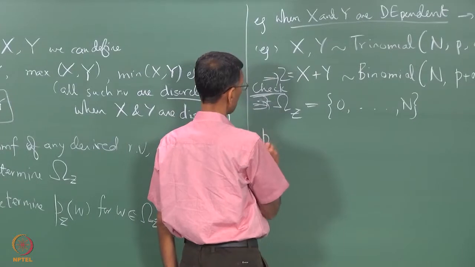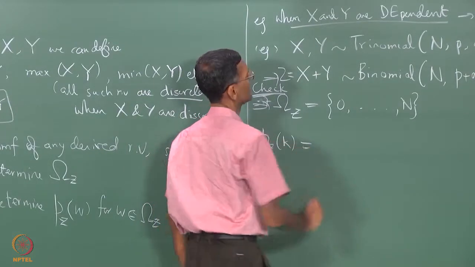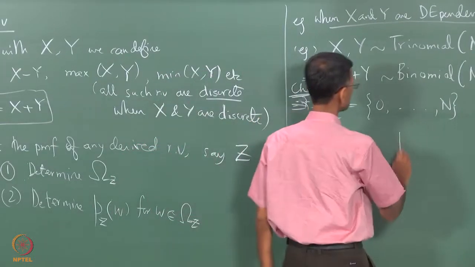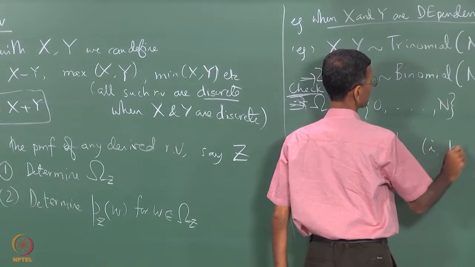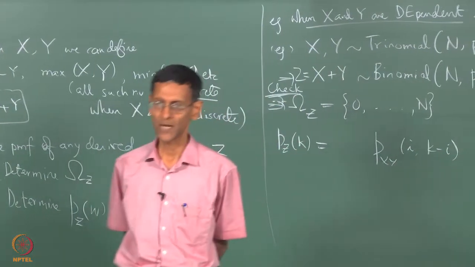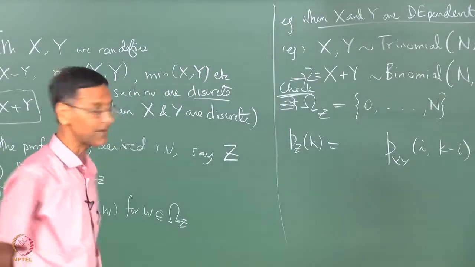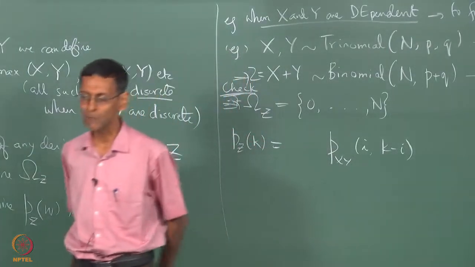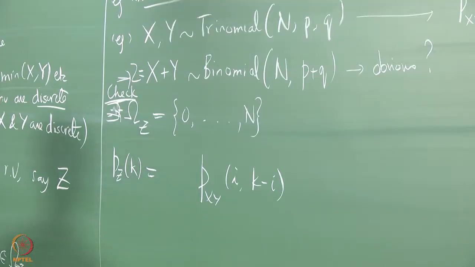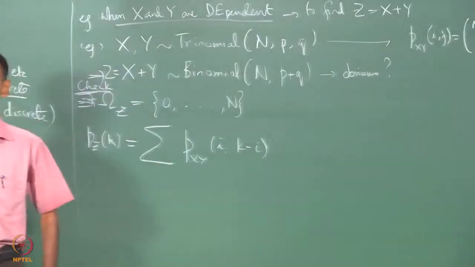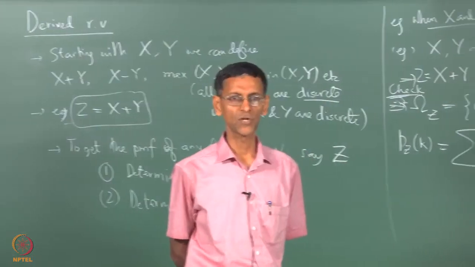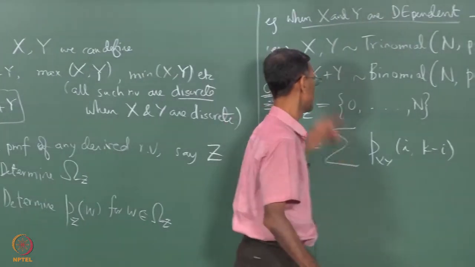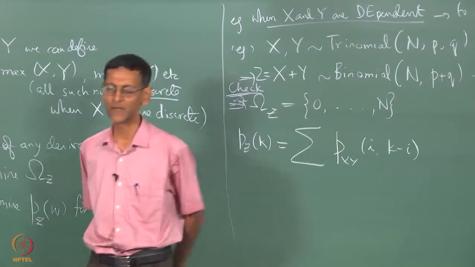So what is pz of k now? What I have to do is write the expression down, pxy of i comma k minus i. This anyway I have, right, this is what I have to start with. So for a particular value of k, x can be i and y can be k minus i. What will be the range of i in the summation now? We have already done this for the Poisson case, right. So this is exactly the same thing, the limits are very similar.